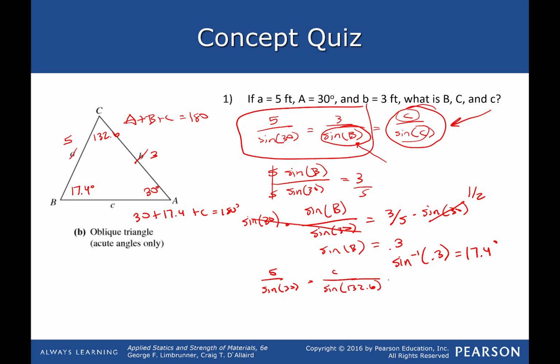I'm going to multiply both sides by this bottom part. And that gives me C. So C would come out to be equal to, let's see what it is, sine of 132.6 times 5, divided by sine of 30.